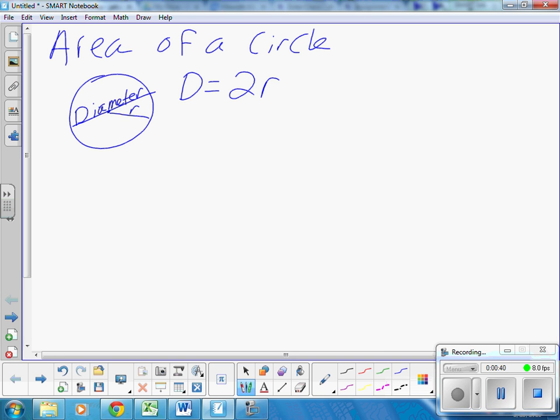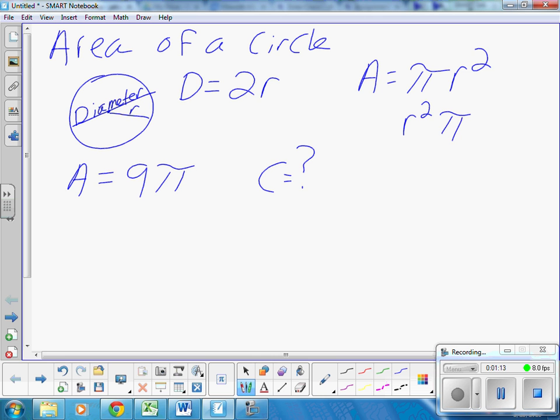All right, so let's start with the area is equal to 9 pi. What is the circumference equal to? We also need to know that the area is equal to pi r squared, in which in con you're always going to get the r squared part first.